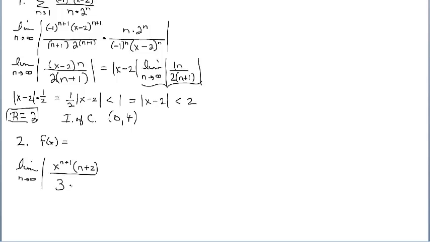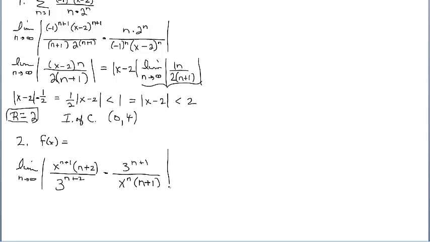And in the denominator, I have 3, but the exponent needs to be increased. Replacing n with n plus 1 also gives n plus 2. Multiply by the reciprocal of the nth term. Okay, and because x of n was on top, I'm going to put it in the denominator here, multiplying by n plus 1.